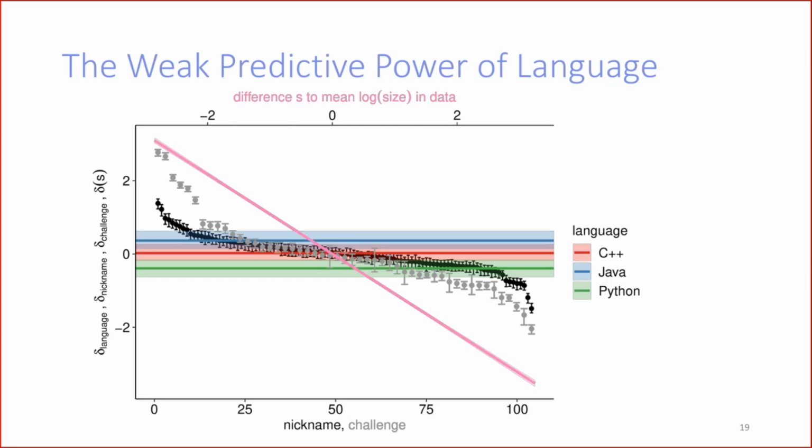Again, it doesn't mean that they're irrelevant. It means that they tend to be dwarfed by everything else that goes on, and that's why it's much harder to tease them apart.